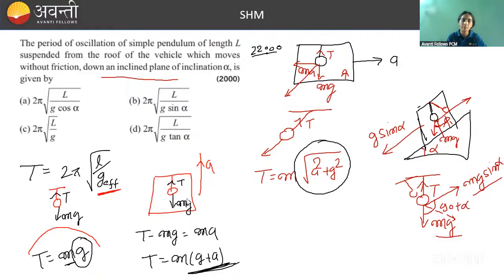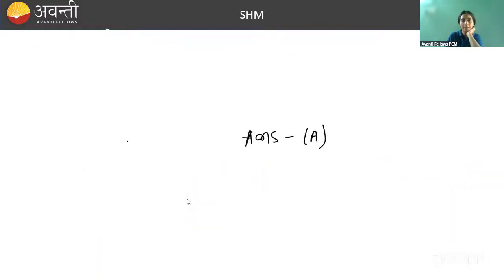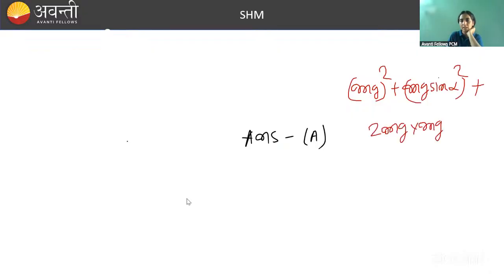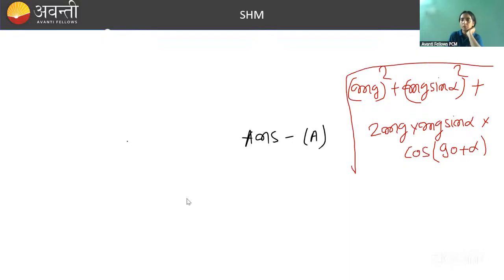Calculate the net force of these two. If you calculate it, you will write (mg) square plus (mg sine alpha) square plus 2 into mg into mg sine alpha into cos of 90 plus alpha. This is going to be the net force, right? If you write it, you will get m square g square plus m square g square sine square alpha.